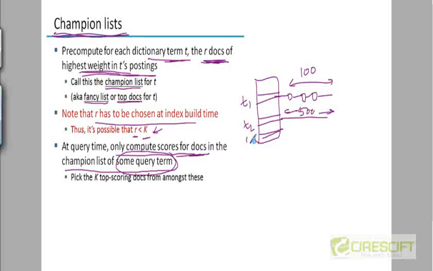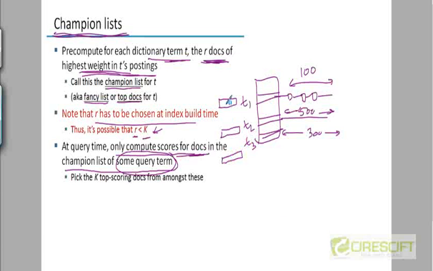And T3 has 300. Suppose we decide that our champion list is going to contain the top 20 documents for each term in terms of their TF-IDF weights. So we'll have a small champion list for T1, a small champion list for T2, and a small champion list for T3.